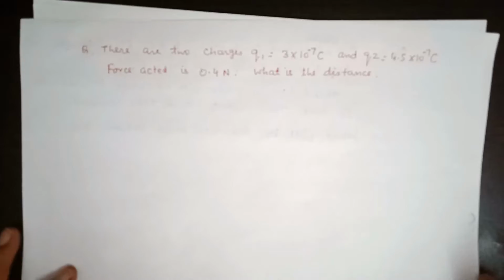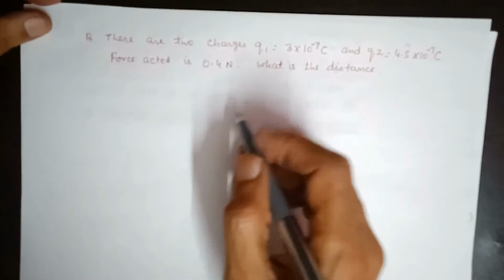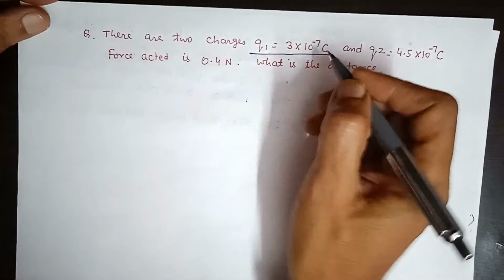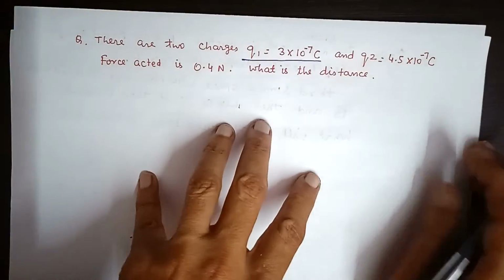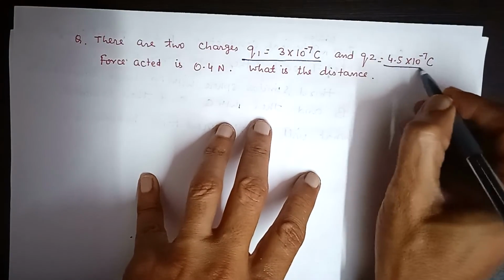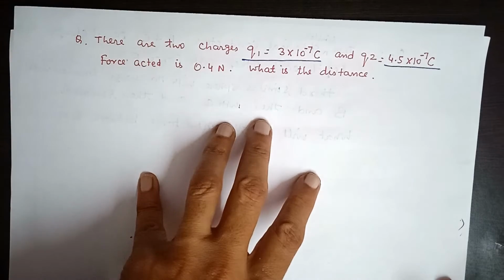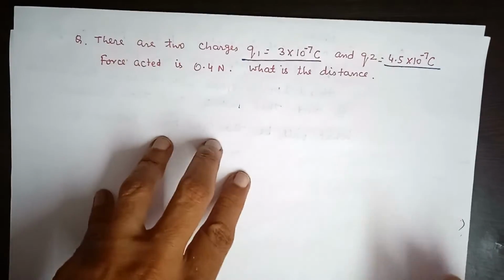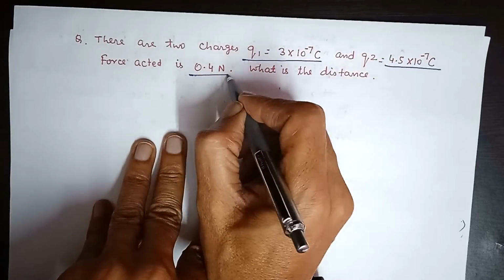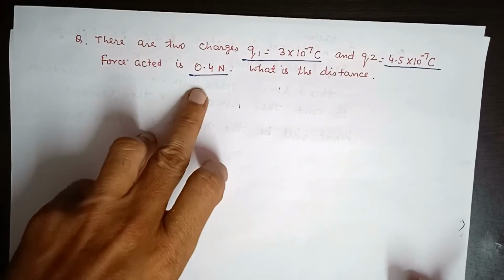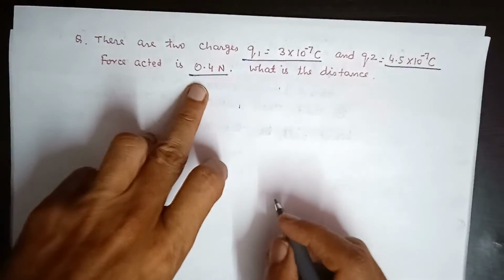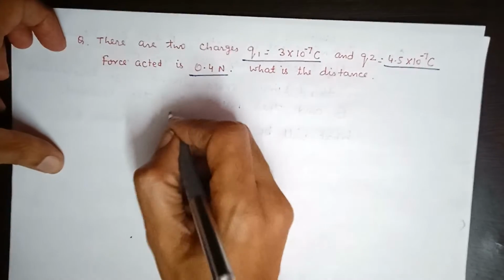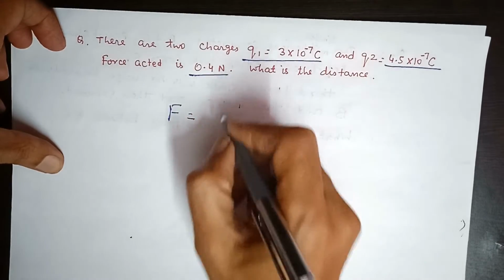See, there are two charges. Q1 is equal to 3 into 10 raised to the power minus 7, and Q2 is equal to 4.5 into 10 raised to the power minus 7 Coulomb. Force acting is 0.4 Newton. What is the distance? See, this is a very simple question.